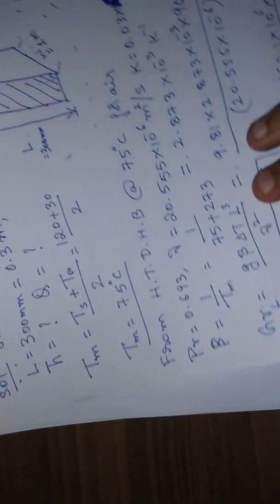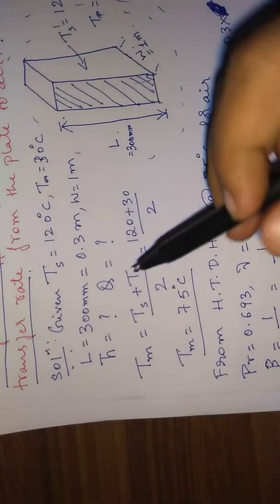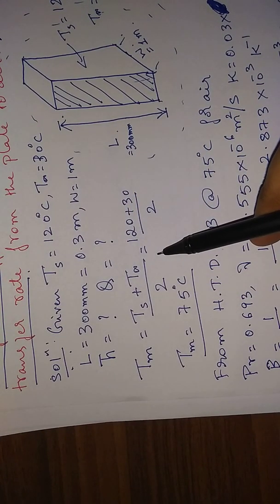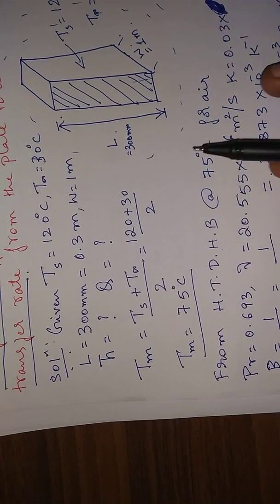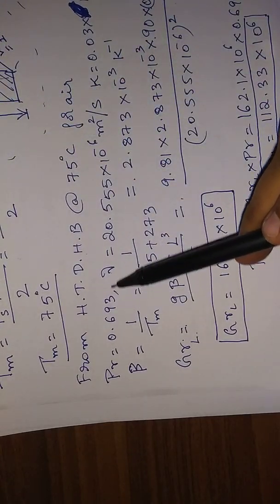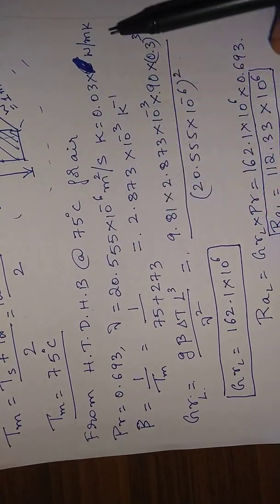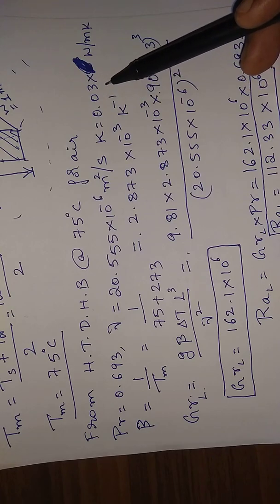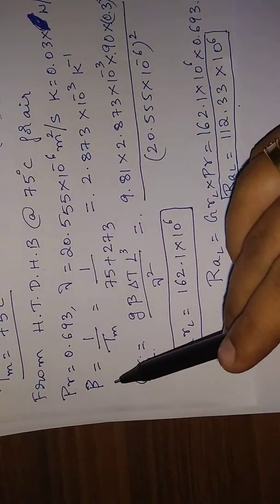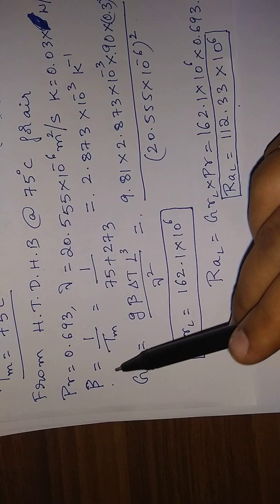There is a procedure that we have to follow. The first step is calculating the mean film temperature, 75 degrees centigrade. Go to the data handbook and get all the properties. Please make a correction: k is 0.03 watt per meter Kelvin. Calculate beta, which is a very important step.